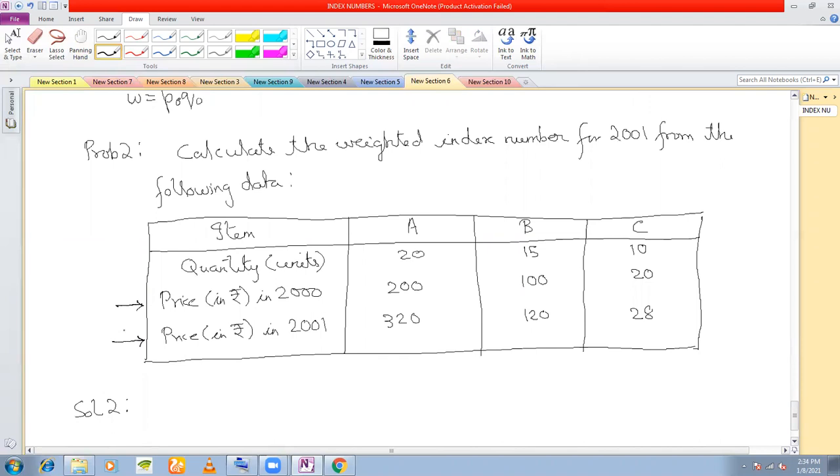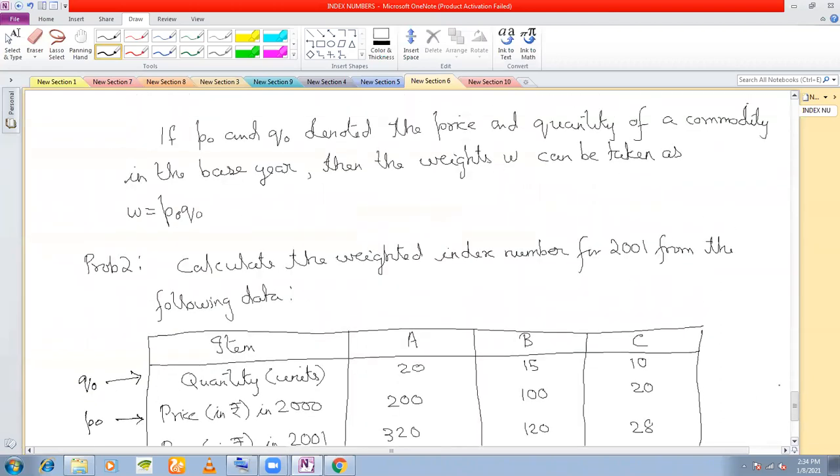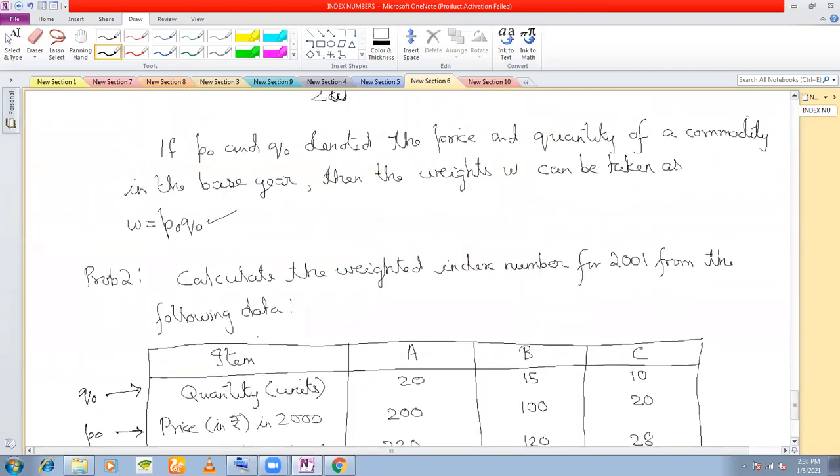And additionally, the quantity is given here, not only the prices. Therefore, in this case, we shall treat this as our Q0, this is our P0, and this is our P1. And for W, we shall use P0 Q0.